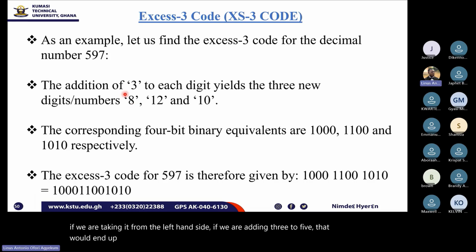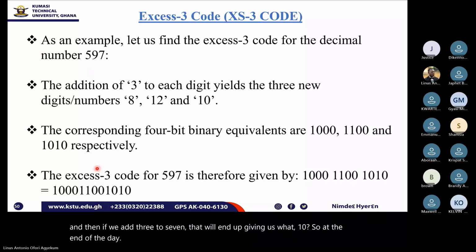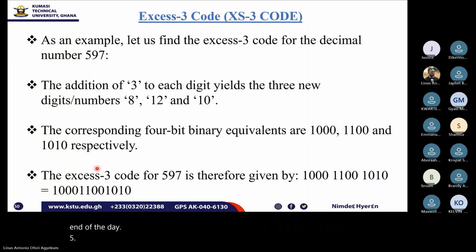If we add 3 to 9, that will end up giving us 12. And then if we add 3 to 7, that will end up giving us what? 10. So at the end of the day, 5 plus 3, which is 8, is now giving us what?